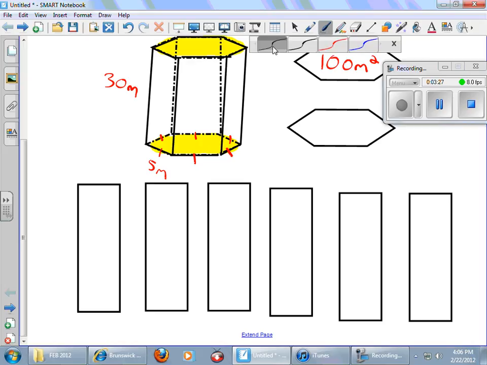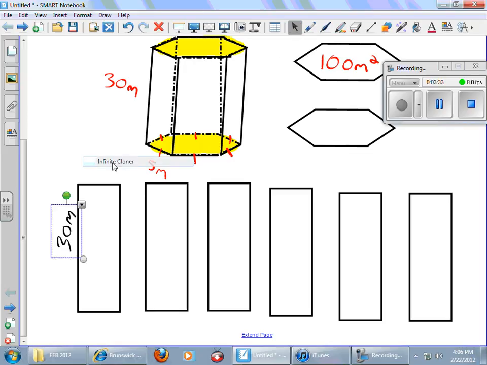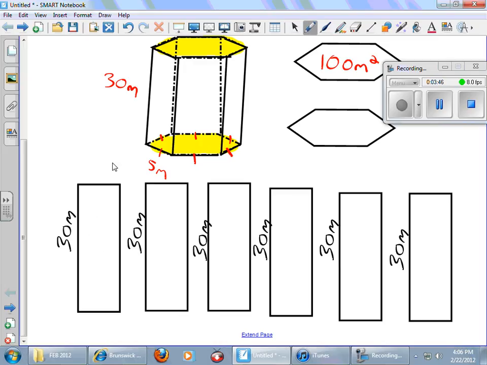All right, well, now I just have to figure out what are the measurements. Well, I know they're each 30 meters tall. I know that because it's given there. So they're each 30 meters. And remember, I said the hexagon was regular, which means each one of these marks here are the same.